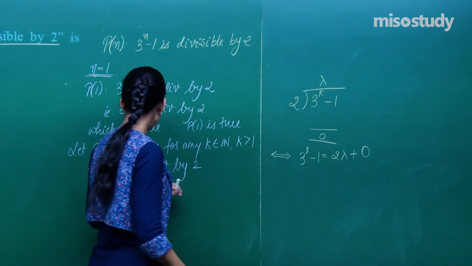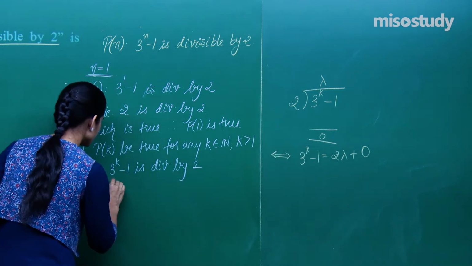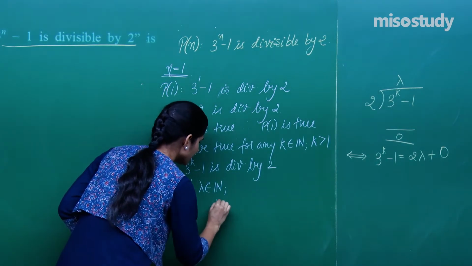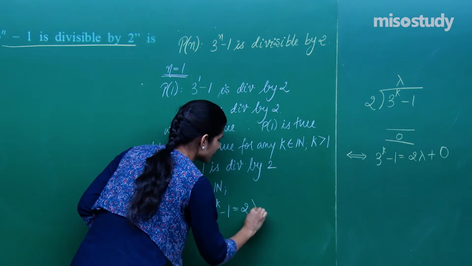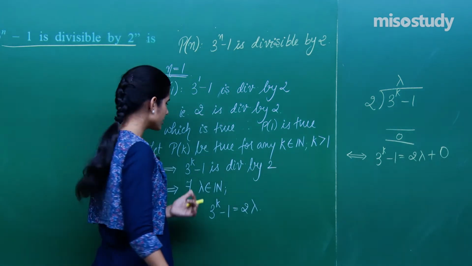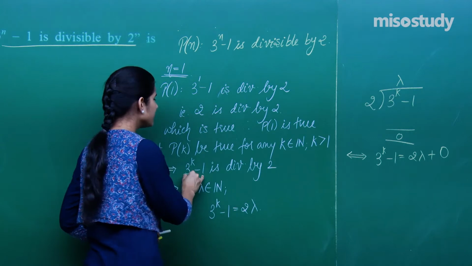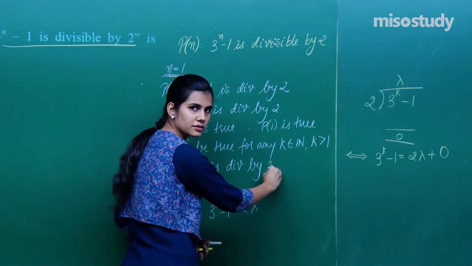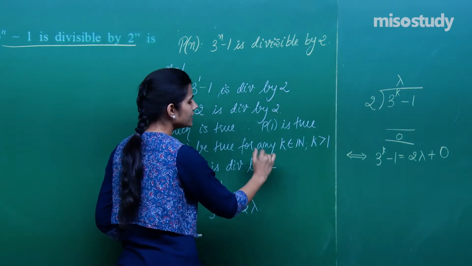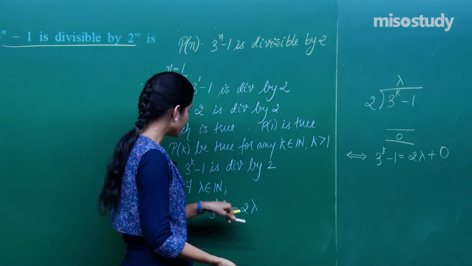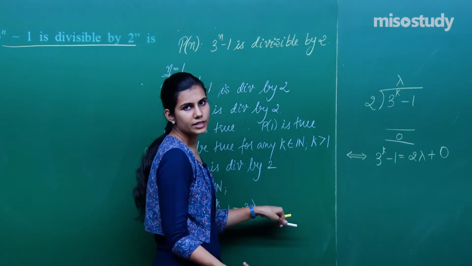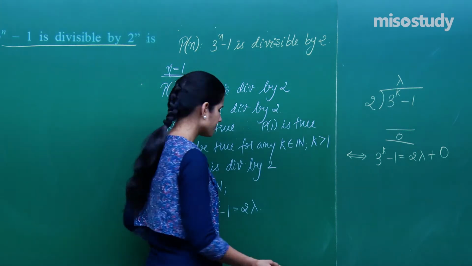So if 3 to the power k minus 1 is divisible by 2, this implies there exists lambda natural number such that 3 to the power k minus 1 can be written as 2 lambda. Because it is divisible by 2, this is the dividend, this is the divisor, so dividend is equal to divisor into some quotient plus 0 remainder. I am taking lambda as the quotient in the natural number set plus 0. 0 is the remainder, that has no relevance.